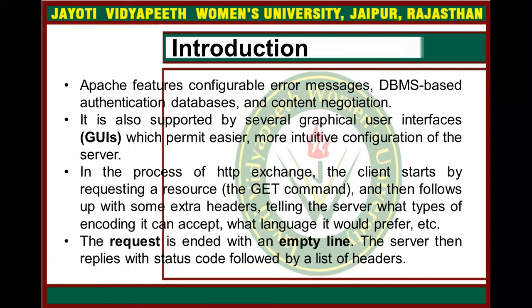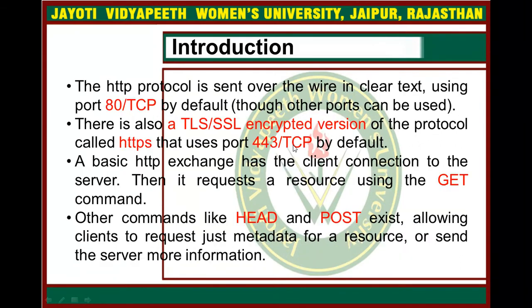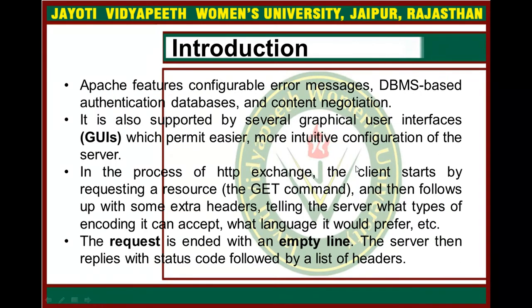In the process of HTTP exchange, the client starts by requesting a resource through the GET command, as in our previous slide. It then follows up with some extra headers telling the server what types of encoding it can accept, what language it would prefer, etc. If you want something extra, you follow this.